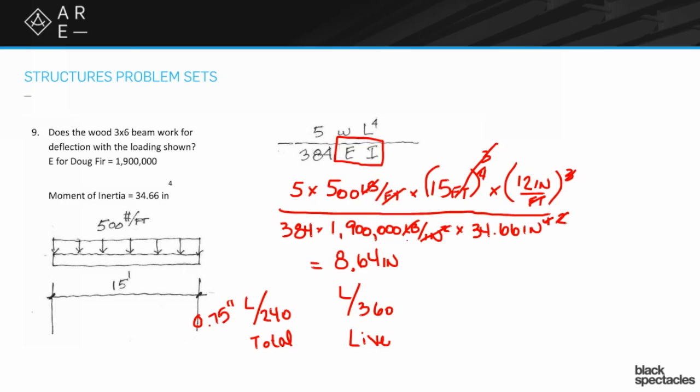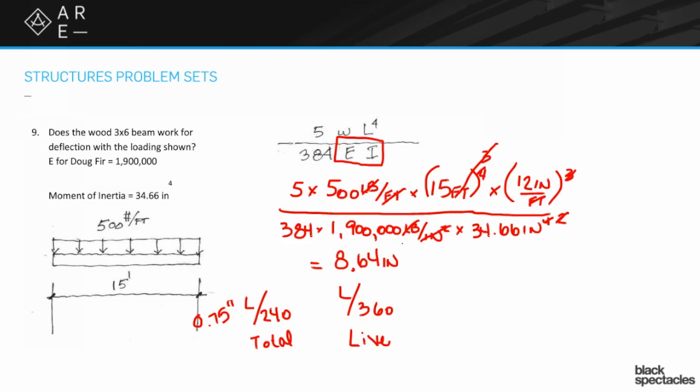Maybe it's still wood, but maybe it's a 4x12 or something like that. So it has a much deeper element, and then that I is going to be much larger, and then again the denominator is going to be larger, and therefore the overall fraction is going to be smaller, so you're bringing down the deflection amount. And same thing goes with the W and with the L.